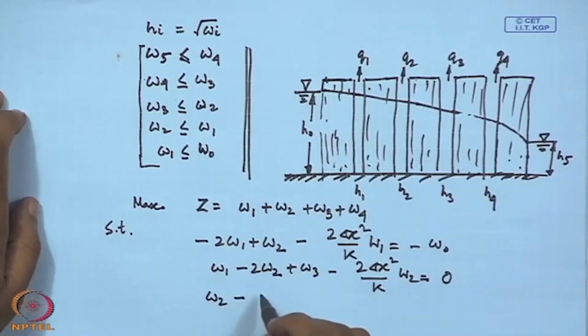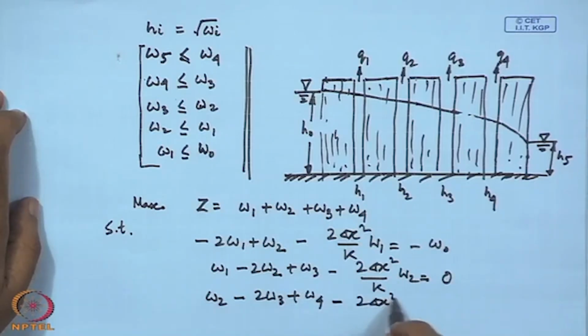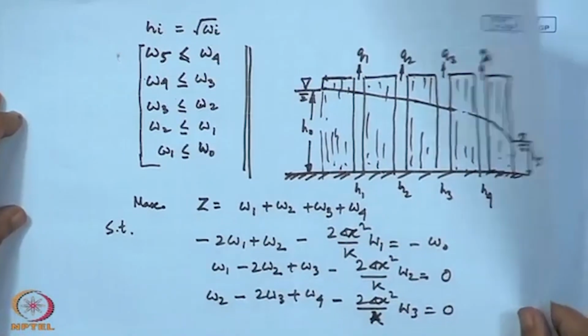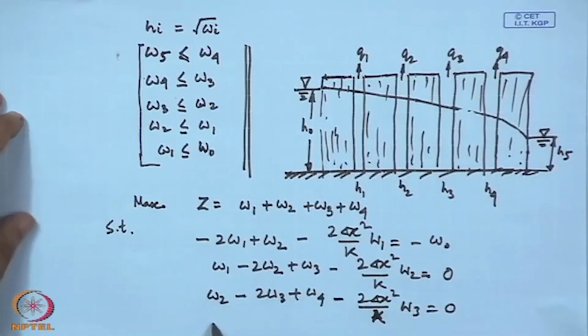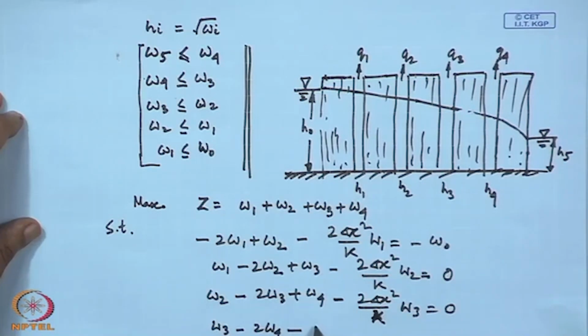Again we have w2 minus 2 w3 plus w4 minus 2 del x square divided by k w3, this is 0, and the final equation we can write as w3 to w4 minus 2 del x square by k w4 equal to minus w5.